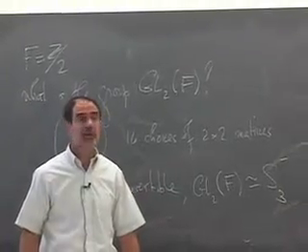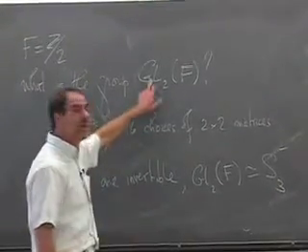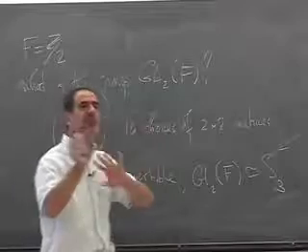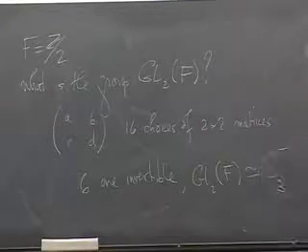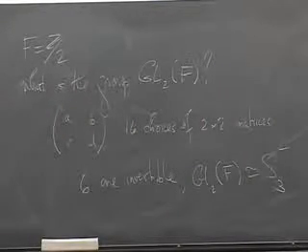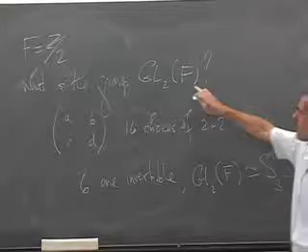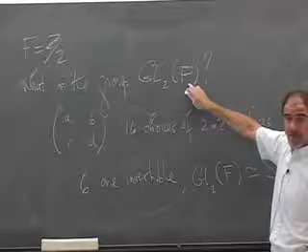How can I see that? Well, think about what this thing really is. This is the difference between writing down matrices and calculating determinants and doing all these computations, and actually stepping back and seeing what we're doing. So what we're doing is this group operates on the vector space F squared.